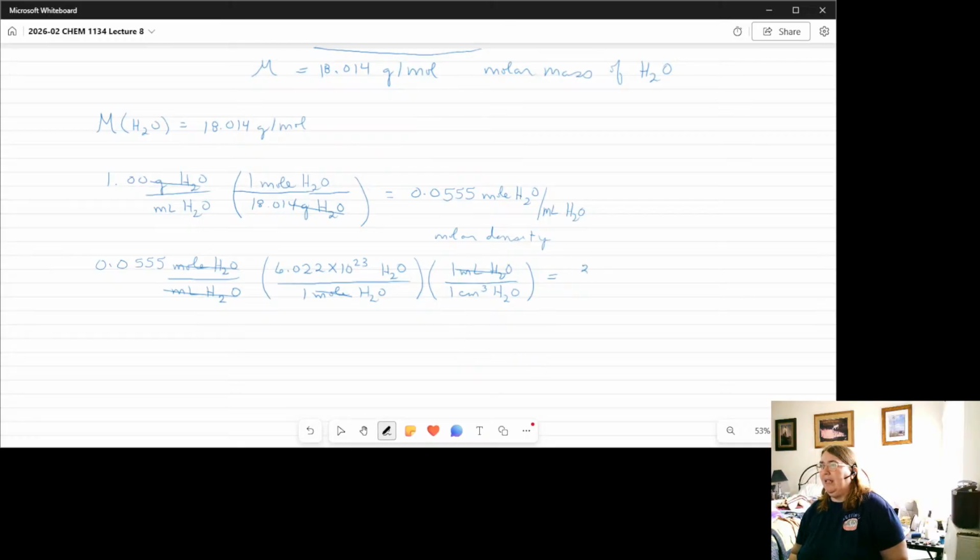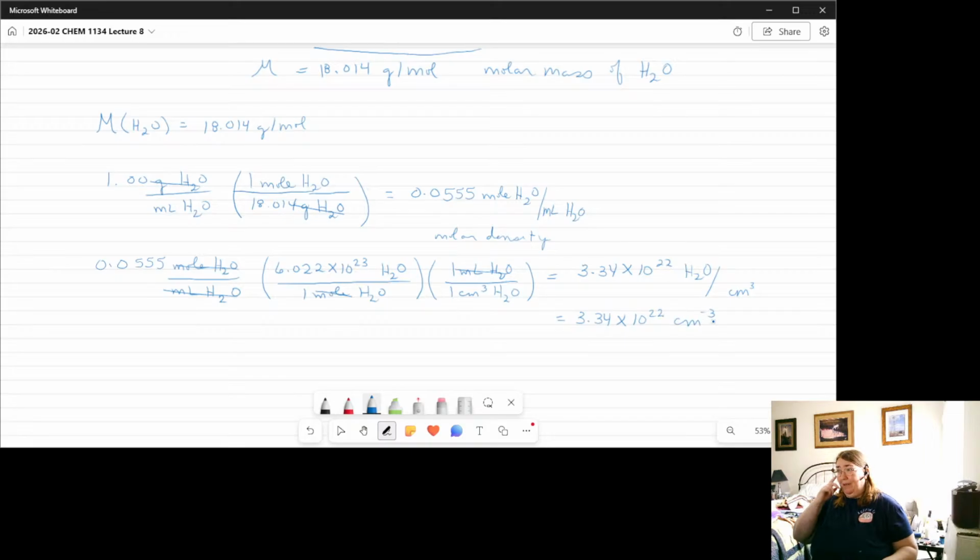So this is 3.34 times 10 to the 22 water molecules per cubic centimeter, which you will generally see written, so this is number density, as 3.34 times 10 to the 22 inverse cubic centimeters.